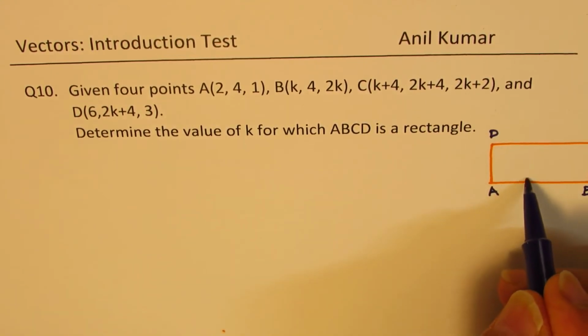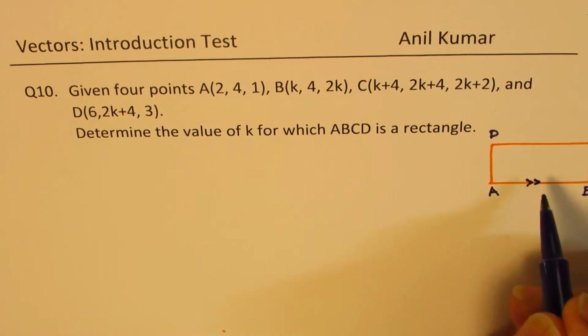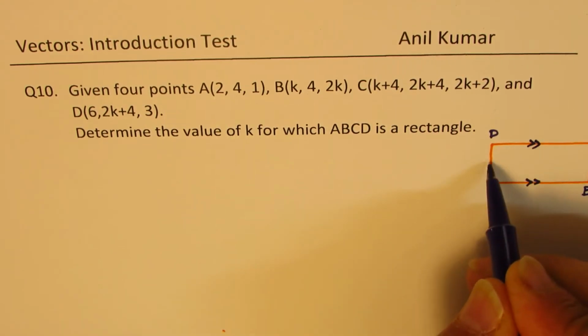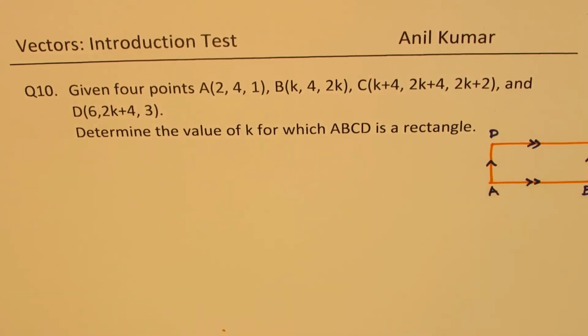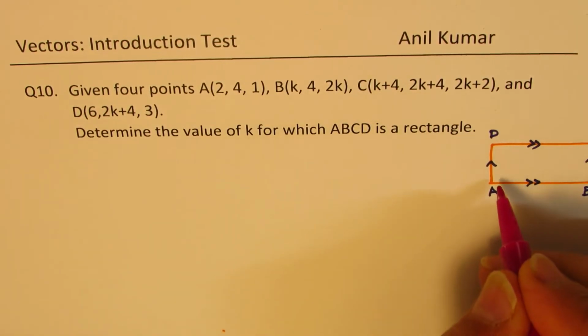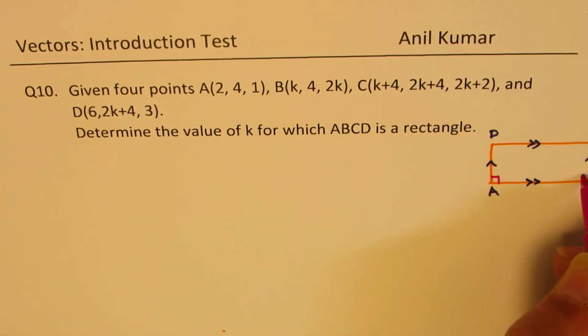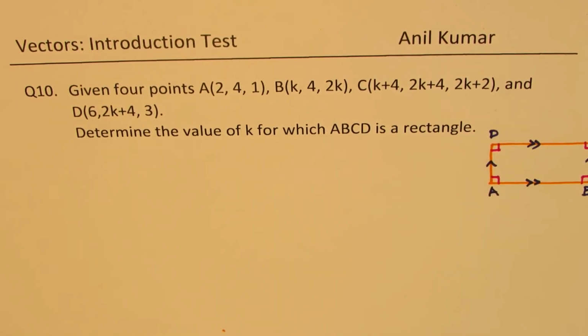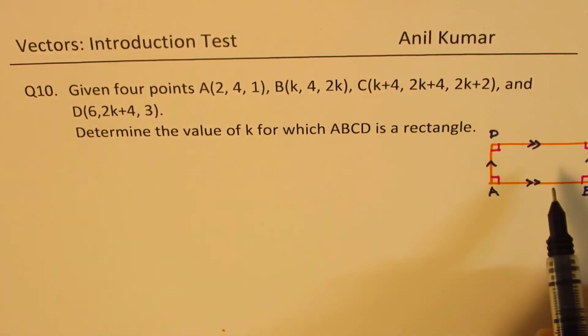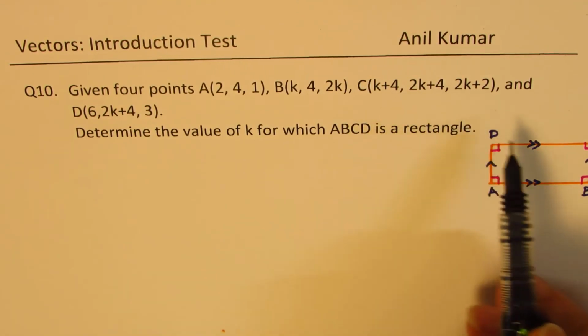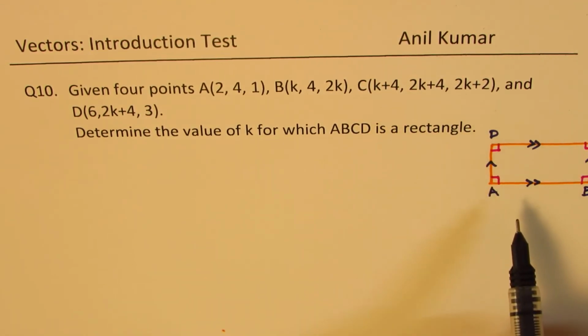So a rectangle will mean that we have opposite sides parallel and also these angles at 90 degrees. So that's the meaning. So for 90 degrees, let us find the value of K first, and then we will show that with that value of K, the other sides are all parallel.